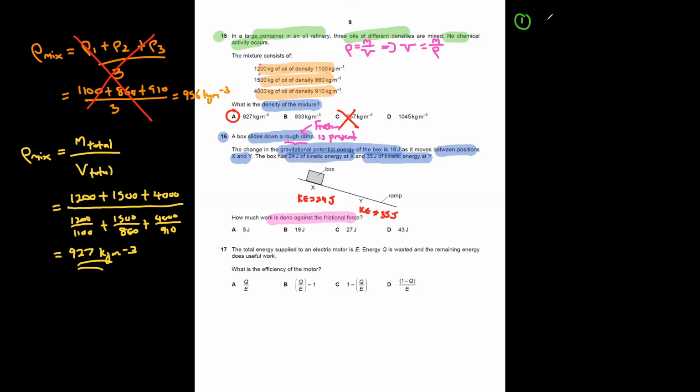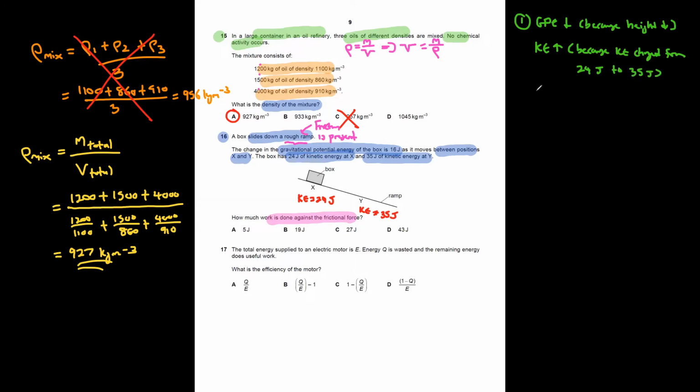Now, first things first, we know that GPE decreases because height has decreased, and we know KE has increased because KE changed from 24 joules to 35 joules.